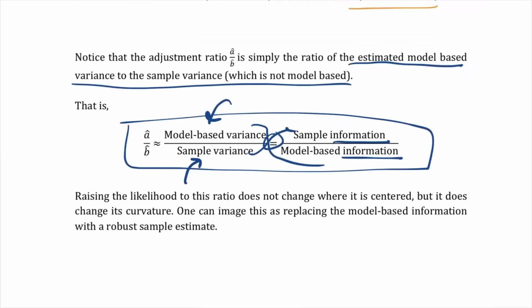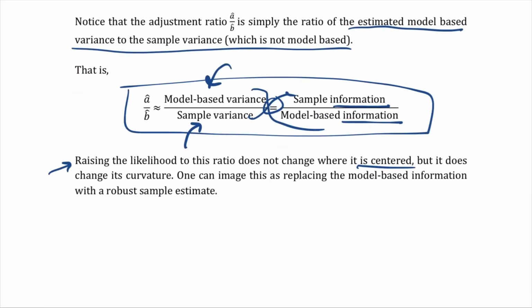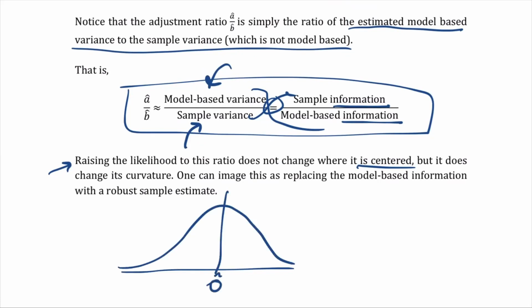Okay. So the other interesting thing is raising the likelihood to a particular factor doesn't change where it's centered, but it does change the curvature. So if you've got a likelihood function that looks like this, and then your model says, oh, you know what? Your model is overly precise. It's too precise.